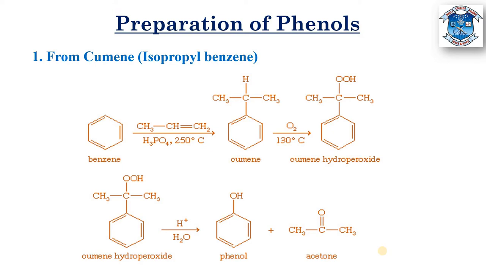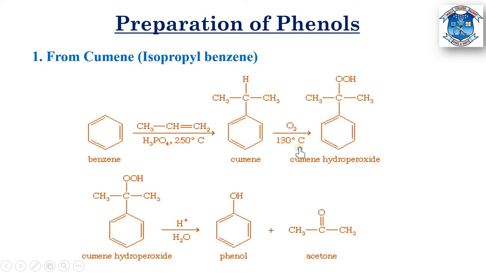And next is from cumene, or isopropyl benzene, and this is the most common method used in the industry for the production of phenol. Cumene is prepared from benzene by Friedel-Crafts alkylation between benzene and propylene or propene. Benzene plus propene in the presence of a Friedel-Crafts catalyst like FeCl3 or phosphoric acid H3PO4 gives cumene, or isopropyl benzene.